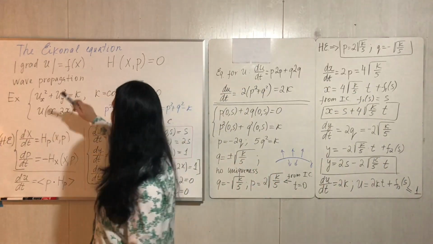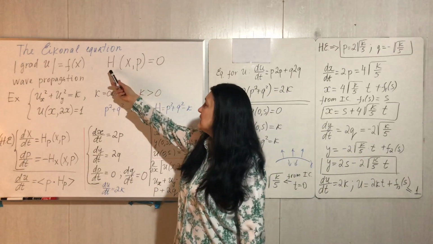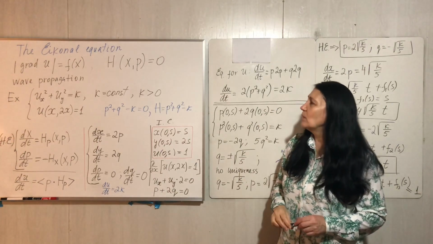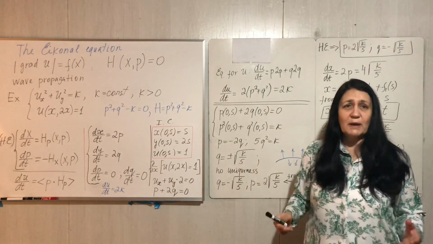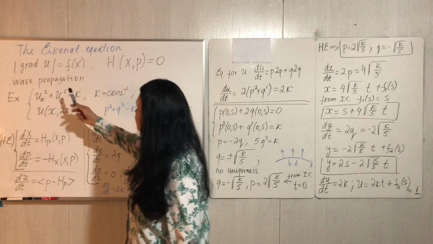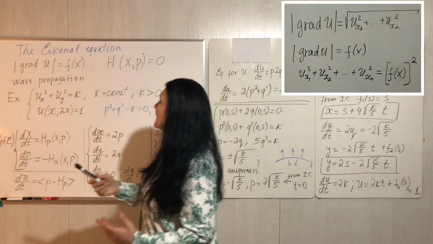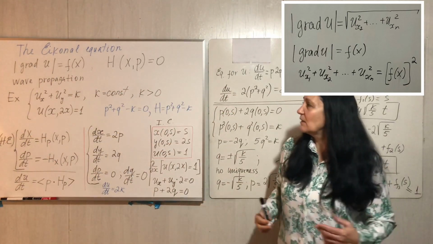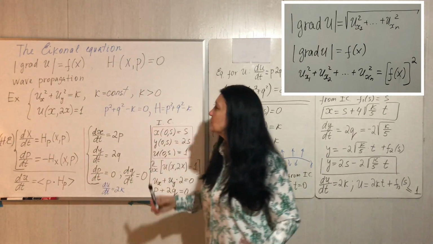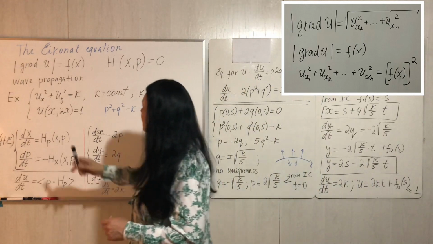So it's also a famous equation, and this is an equation of the type we discussed when we have H of x, p, when there is no dependence on u. And this equation looks like this. Gradient u, gradient means we have derivatives, right? And the modulus of the gradient is just all derivatives squared.